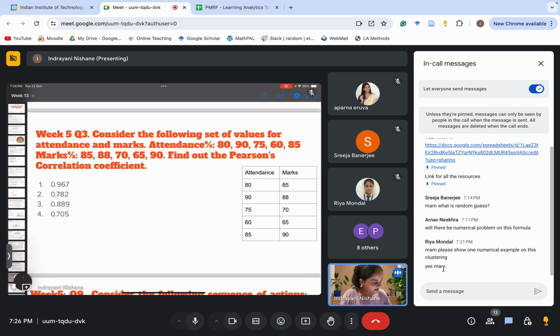Let us assume this is our variable x and this is our variable y. The first step will be computing the mean of x and the mean of y. Can you quickly compute the mean and tell me the values of mean x and mean y? Add all these values and divide by 5, because our total number of samples n is 5.